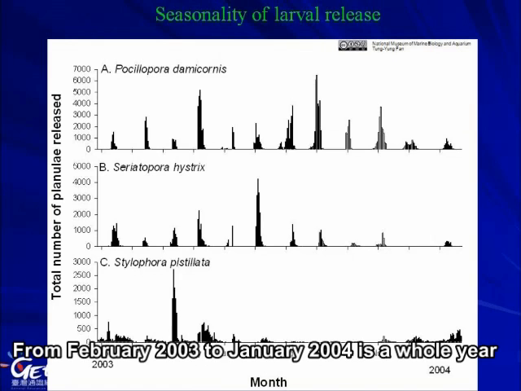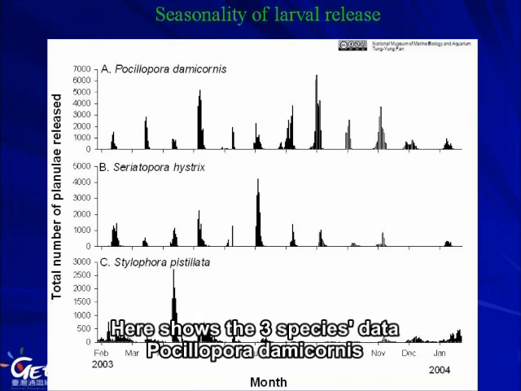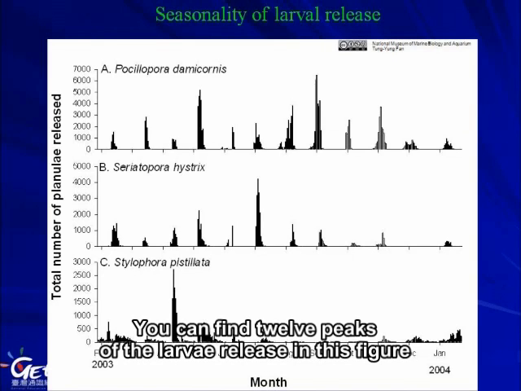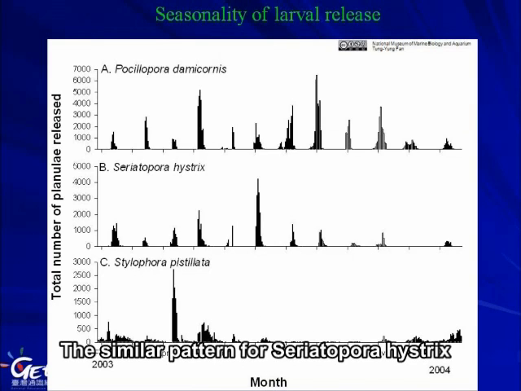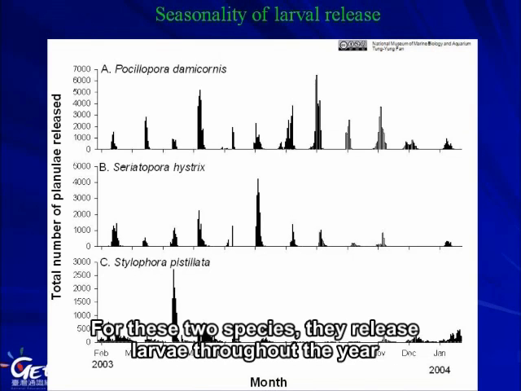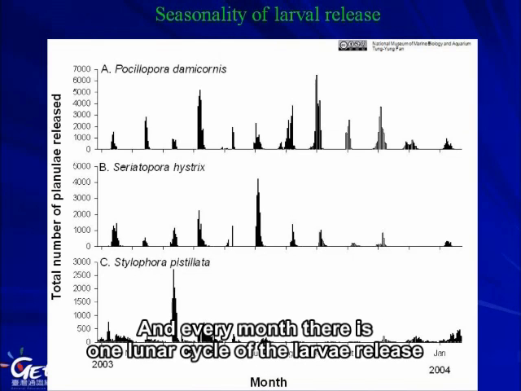This slide shows the seasonality of larva release from February 2003 to January 2004, a whole year. Here it shows data for three species, Pocillopora damicornis. You can find 12 peaks of larva release in this year. The pattern is similar for Seriatopora hystrix. These two species release larvae throughout the year, and every month there is one lunar cycle of larva release.